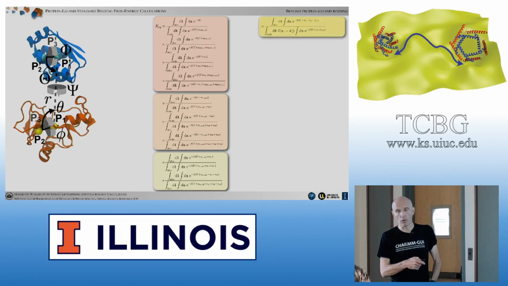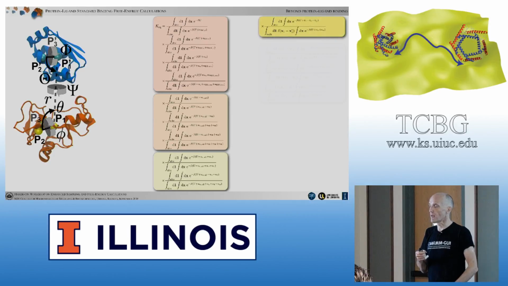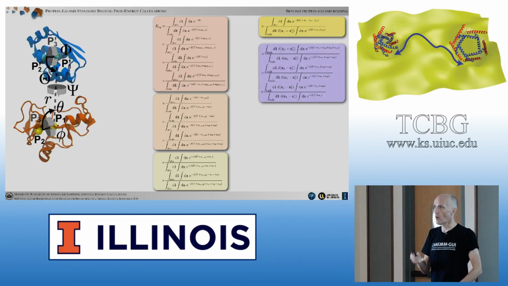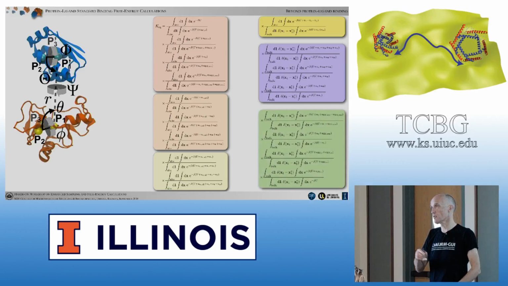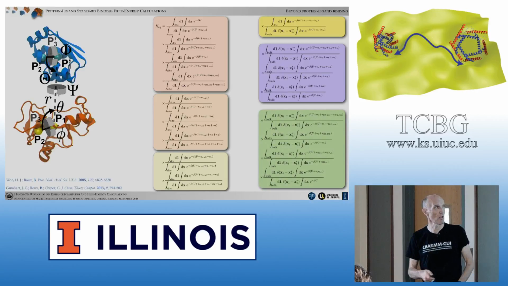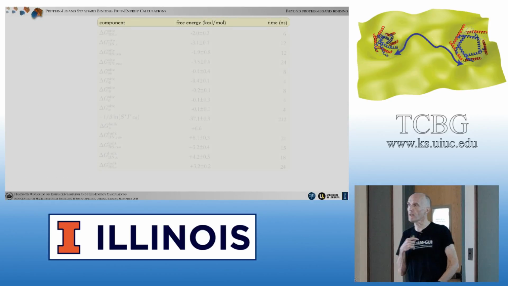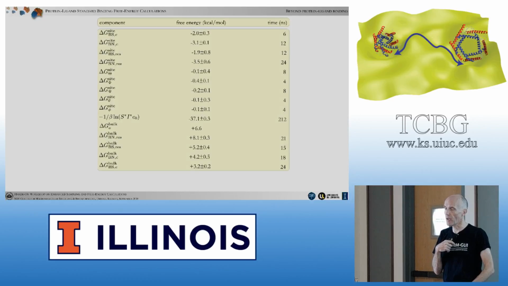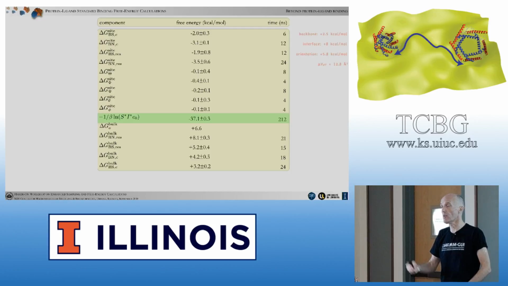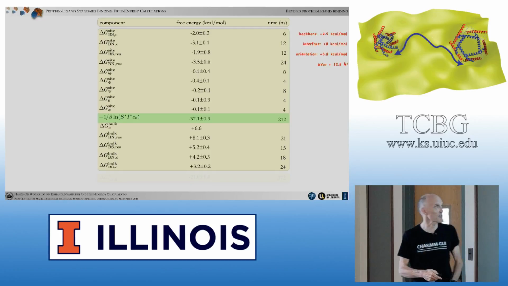Of course, the restraints that we add on the conformation of the side chain and the backbone in the bound state, we also have to take into account in the unbound state, which increases the number of PMFs from 8 to 14 when you do protein-protein interaction. Let me show you why we need this extra potential of mean force calculation for the side chains.